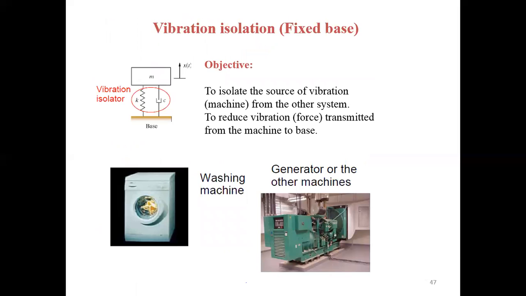The main objective of the vibration isolation system is to isolate the source of vibration from the other system, to reduce the vibration transmitted from the machine to the base, right? If you are using a washing machine, generator or other machine, then you apply the isolator to the lower part of the washing machine, or the base of the generator or other machines, to reduce the vibration, right?